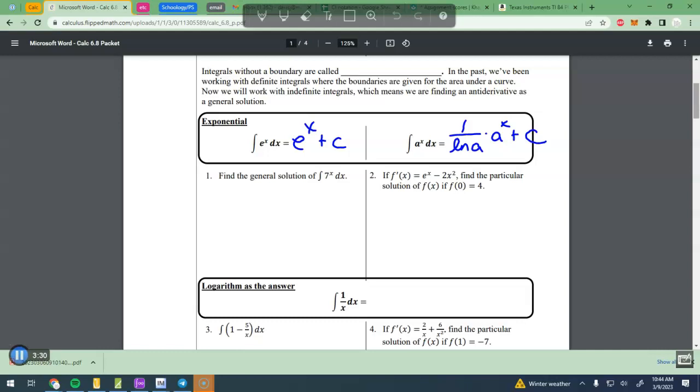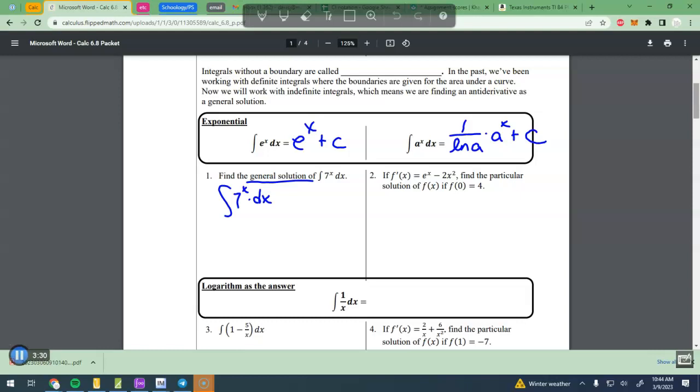Okay, so number 1, find the general solution of 7 to the x. So we're not finding the particular solutions when we have to find c. The general solution means we just get to leave c in there and not worry about what it is. So my job is to integrate 7 to the x times dx, and I don't have to plug anything in. I can just leave it as the plus c.